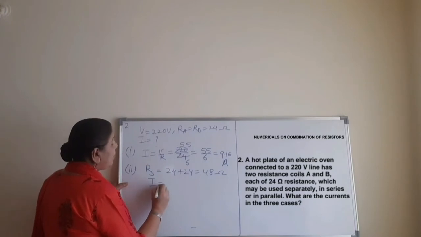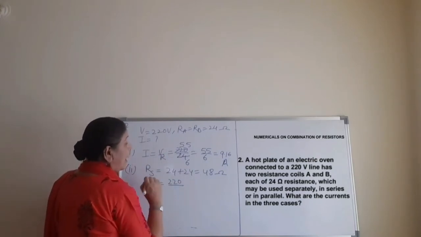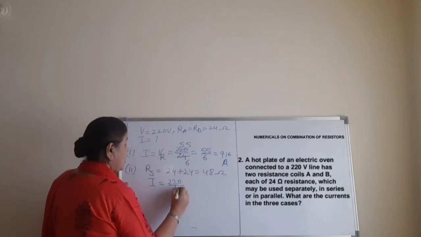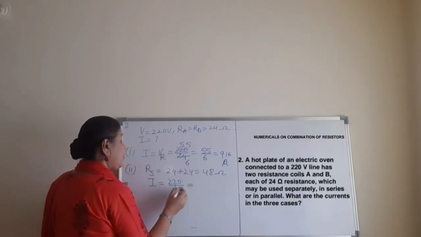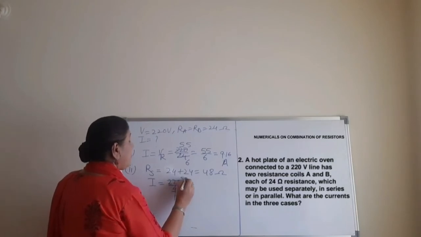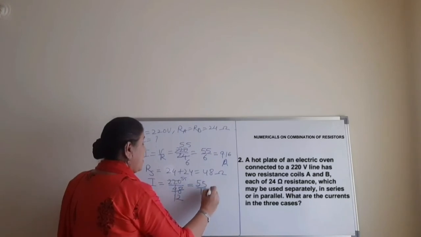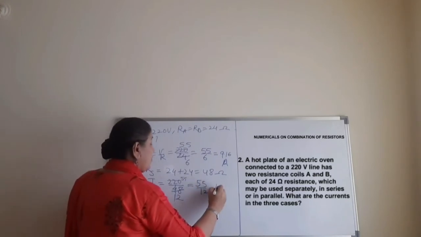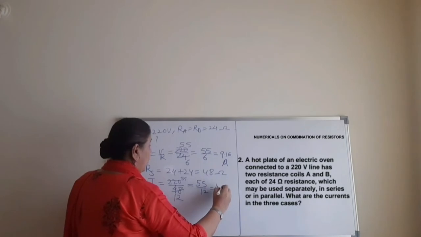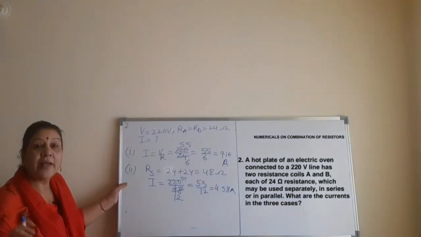So I will be equal to V upon R, 220 upon 48. So it will be 55 upon 12. So 4.58 ampere will be your current when they are connected in series.